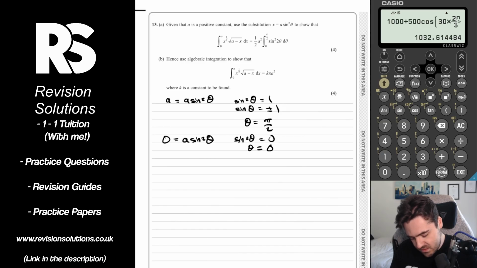Let's see, I think I'll do the differential next, because normally with these trig things, some kind of simplification with trig identities goes on, so I'll do that first. So first, if we find dx by d theta, we have to be a bit careful here because we've got 2 functions going on. We've got the sine function, but it's all squared.